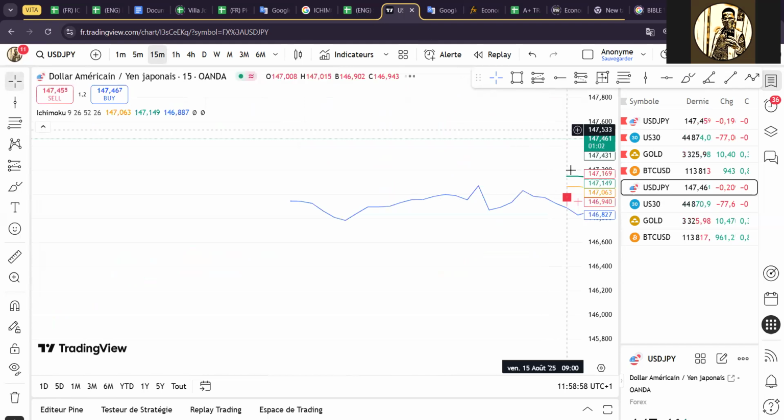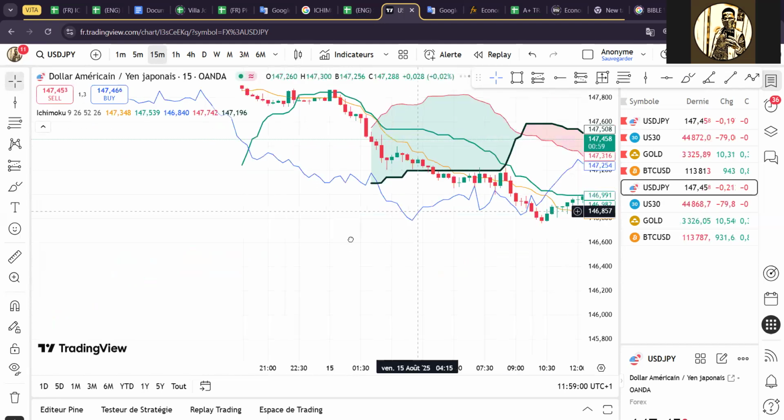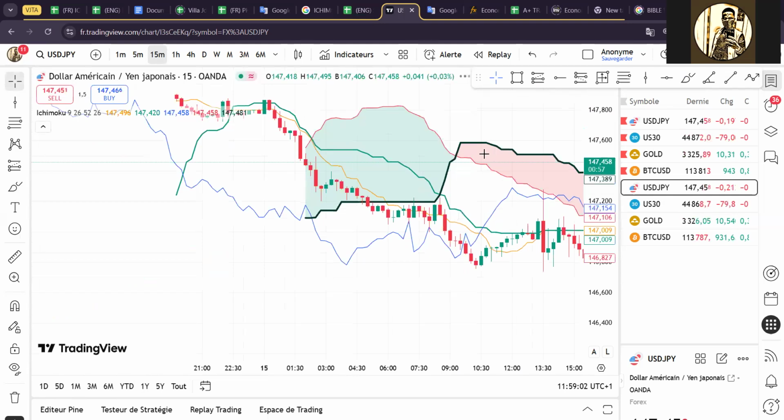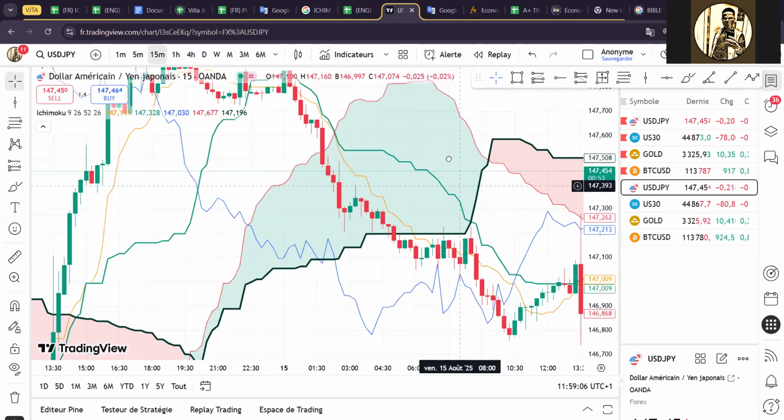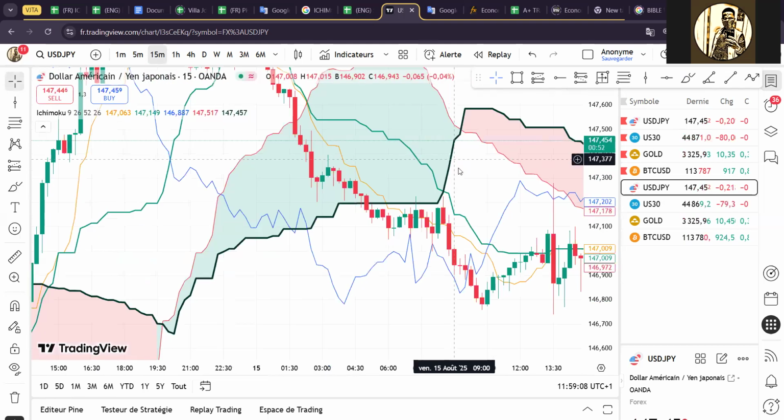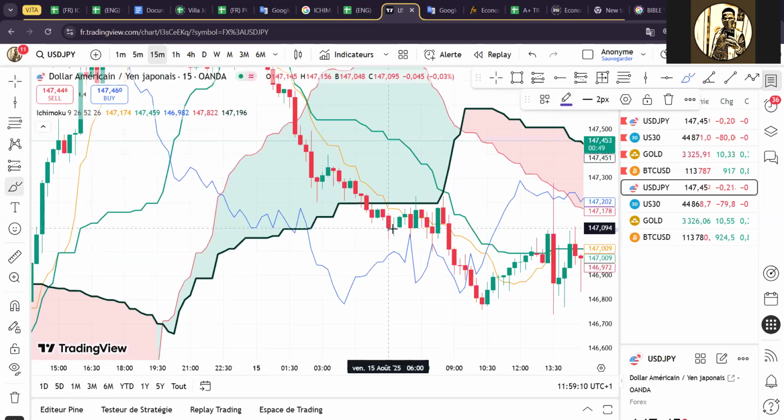Let me show you another example on 15 minutes. You have this example, right? This is also another transition phase. You have the price going down. The candles were at this level, and when the candle arrived at that level, they can stay below the cloud, but Kijun is not yet out of the cloud, right?